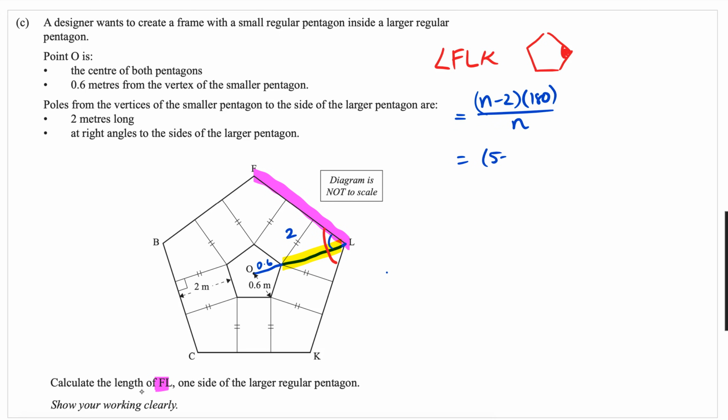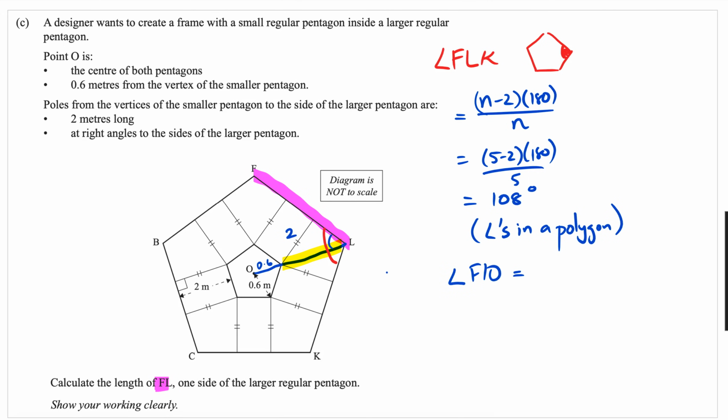So we've got that extra step there: 5 minus 2 times 180 divided by 5, which is equal to 108 degrees. So that's what that red angle is. The reason is angles in a polygon. Now once we do that, we can work out what angle FLO is.